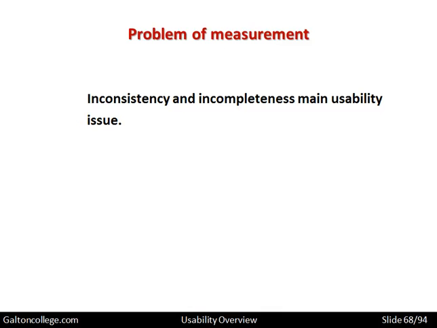And possibly, as I said way back in this particular session, probably the best way of measuring the usability is by some sort of attitudinal scale, perhaps using the Likert scale, a scale of perhaps 1 to 5 or 1 to 7 or whatever it is, and asking the users to rate the usability of the site in various ways.